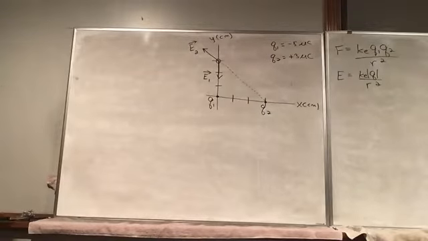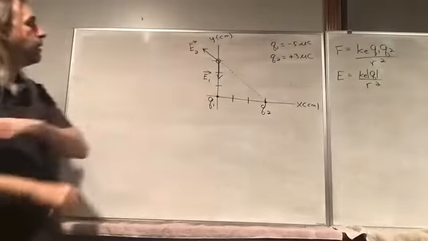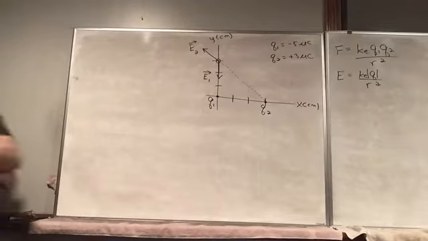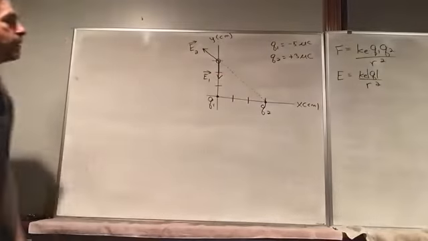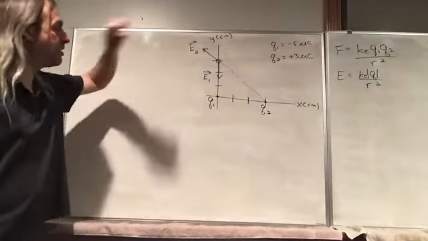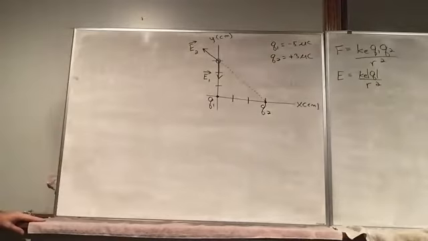So drawing the vectors, we've got those here. One of them is conveniently just along the y-axis, but E2 we'd have to break into components. So we're going to have to add these two as vectors.